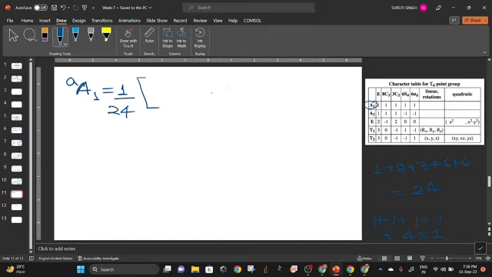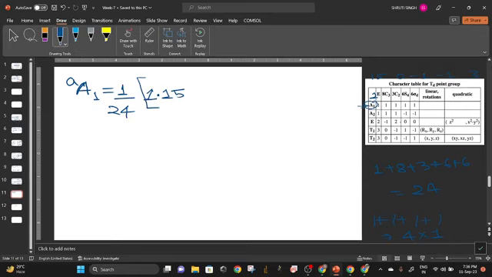Now for E, the coefficient is 1. I'll write the coefficient first: 1 times the character in the reducible representation, 15, times the character under the irreducible representation A1.